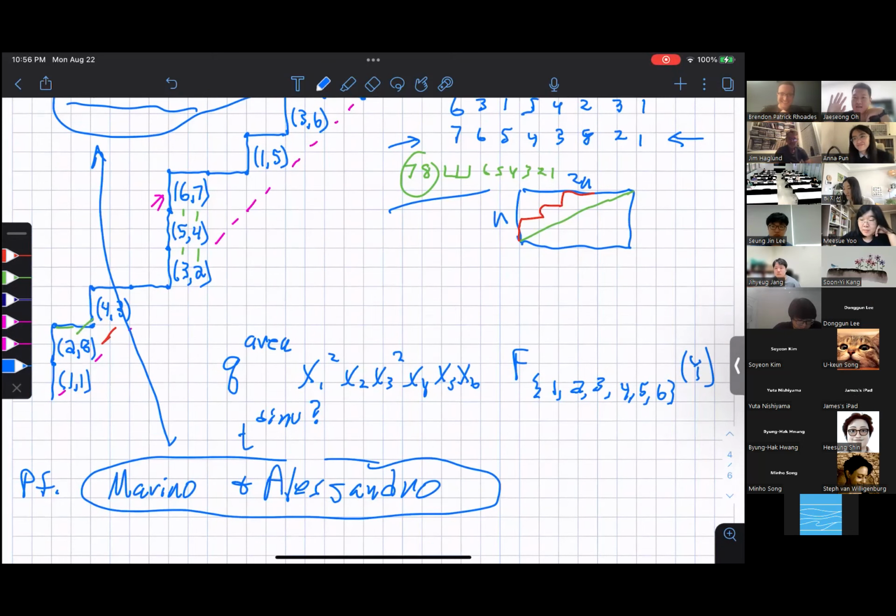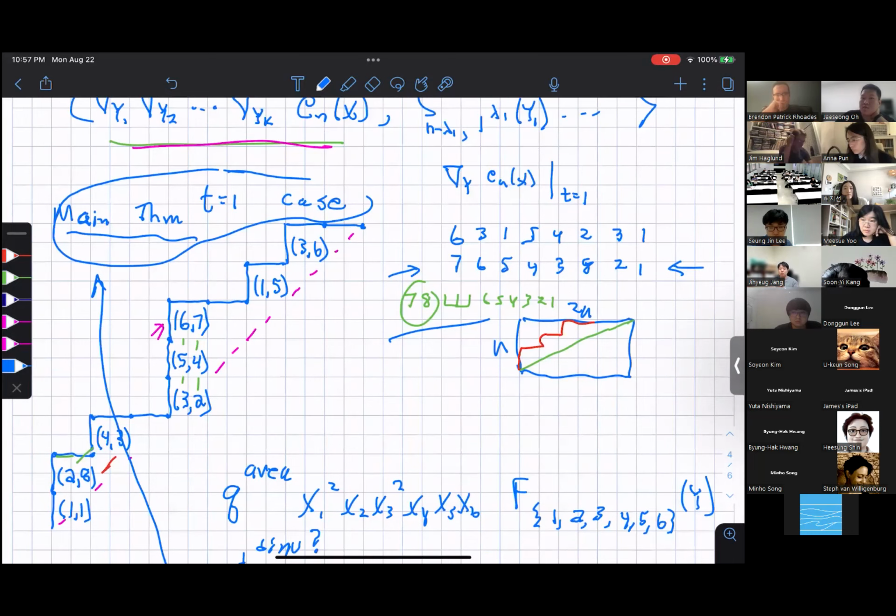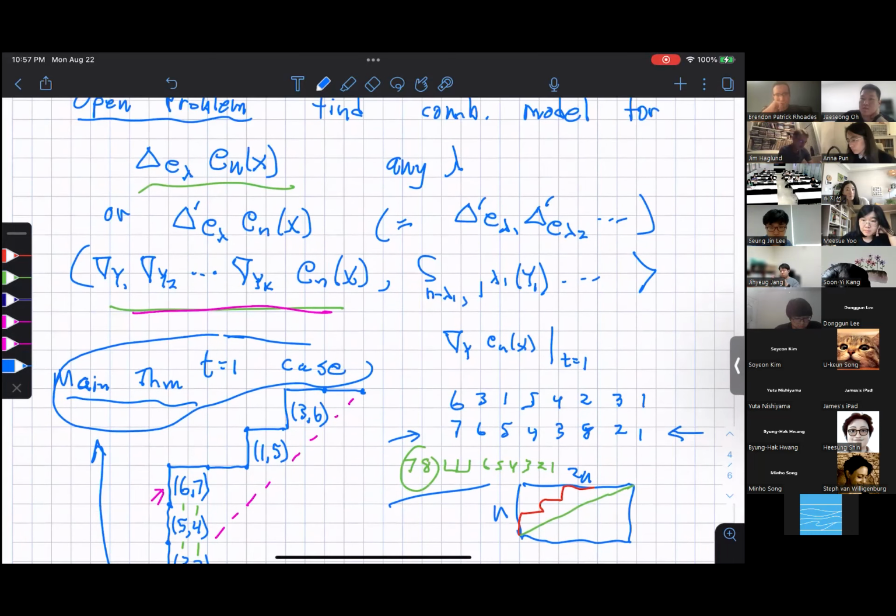I have a few questions. Is your formula for t equals 1 a positive formula, or just an F expansion? One version of it is an expansion into e's, in the x variables, not in the y's. There are two versions of this main theorem.